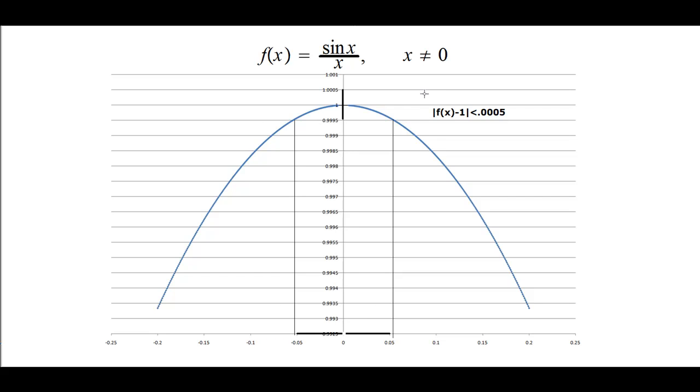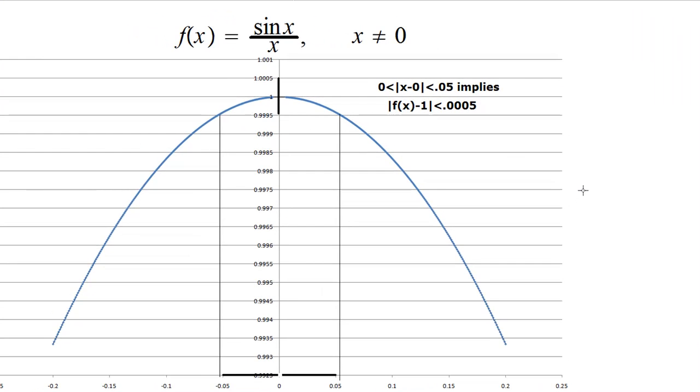Or in other words, if we have 0 less than the absolute value of x minus 0, and that being less than 0.05, it will imply that our function values will be desirably close to 1. So we are going to formulate it in a little more abstract fashion and look at that through a different example.